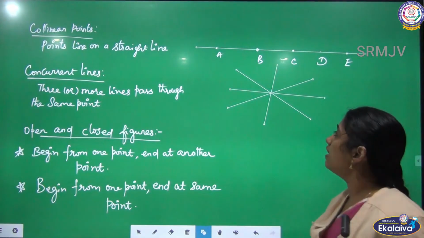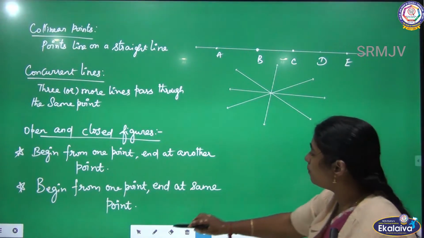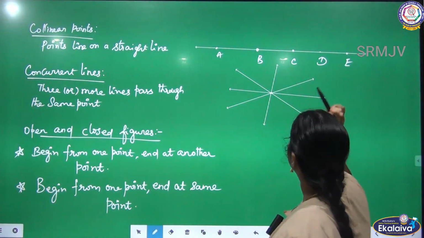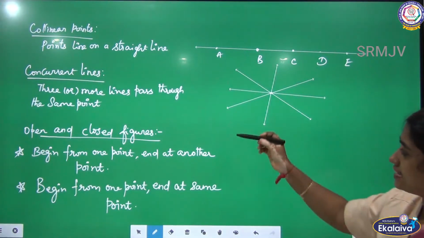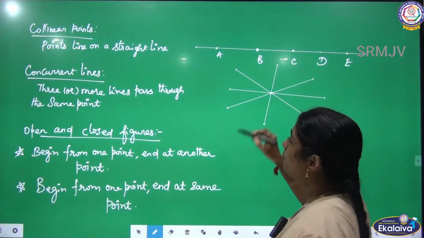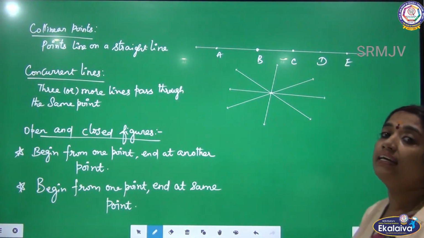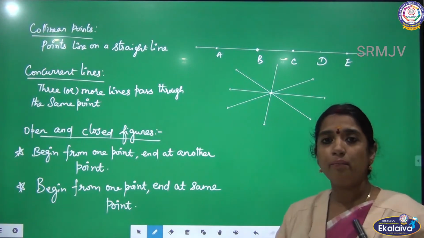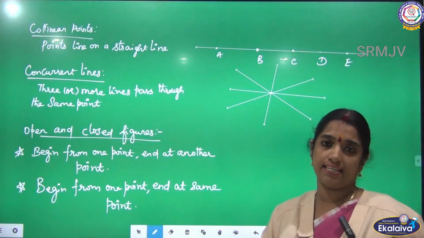How many lines are passing through a point? 1, 2, 3, 4 lines. I said if three or more lines pass through the same point, then it is said to be concurrent lines. If two lines pass through the same point, I can say it is intersecting lines.